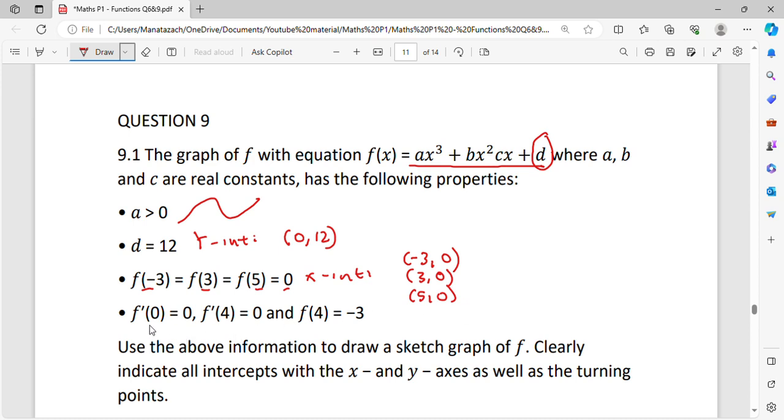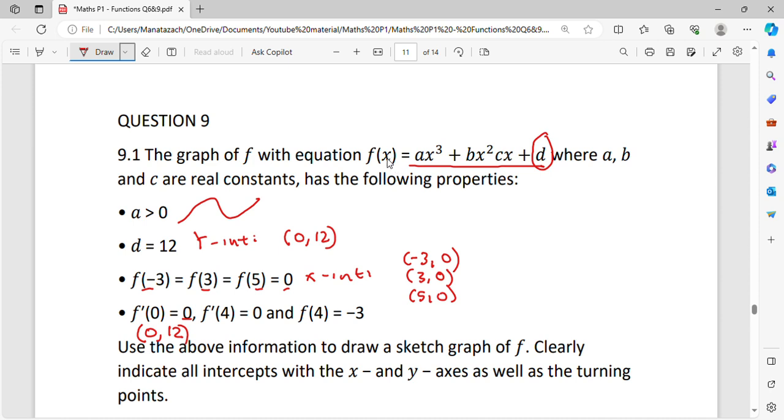And then here f prime of 0 is 0. It's giving us where the gradient is 0, the turning point, the first turning point where x is 0. To find the y-coordinate of this turning point where x is 0, it's going to be 12, right?